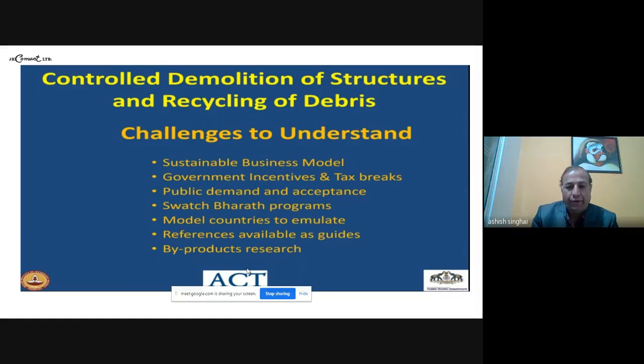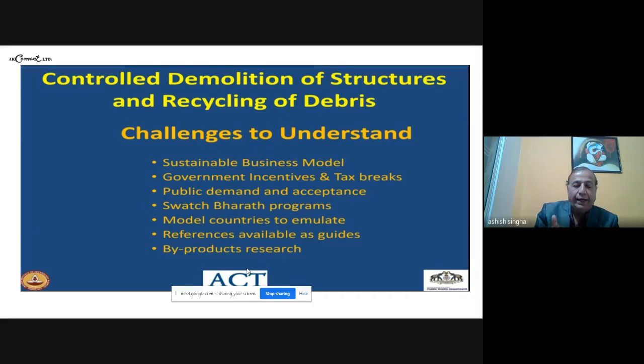We have many countries across the globe which have already adopted this. And I was told that in Germany and in Japan, almost 80 to 90% of C&D waste is being utilized for further construction. 80 to 90%, which is phenomenal.